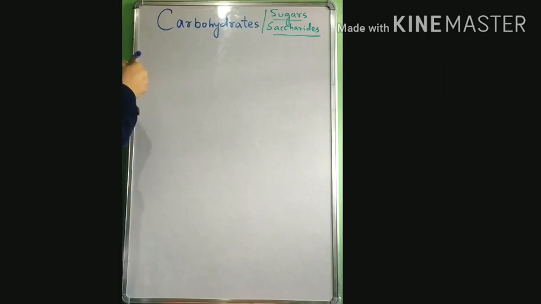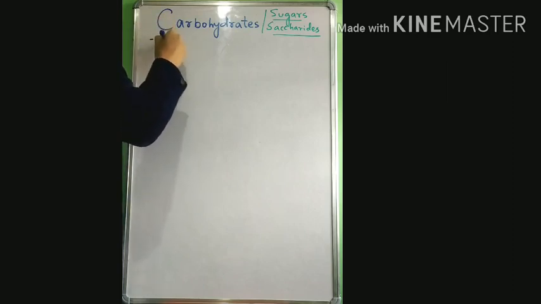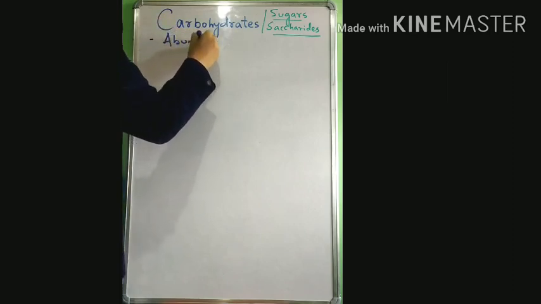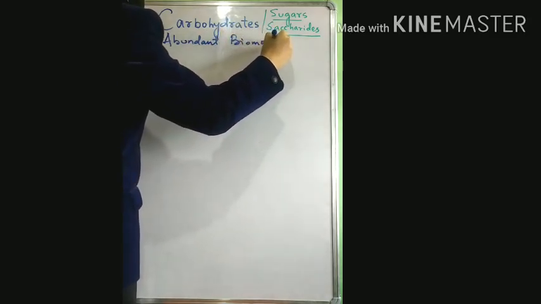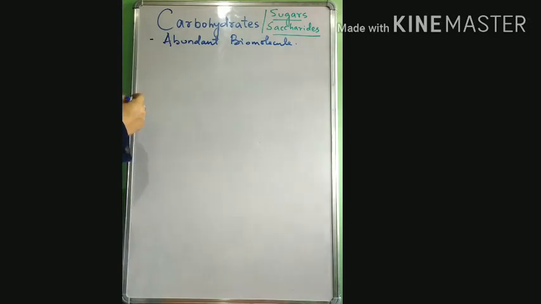The second point is that carbohydrates are the most abundant biomolecules in living cells. Your cells have the majority of the proportion of carbohydrate in them. Now, what are they? How can we define them?